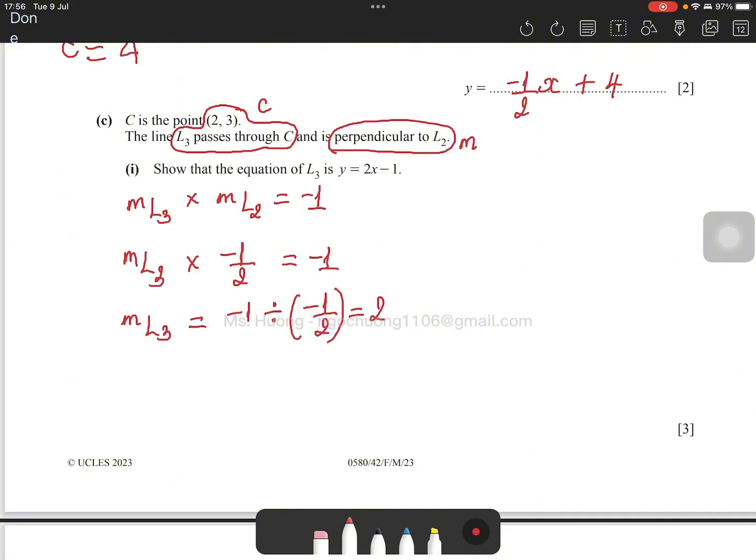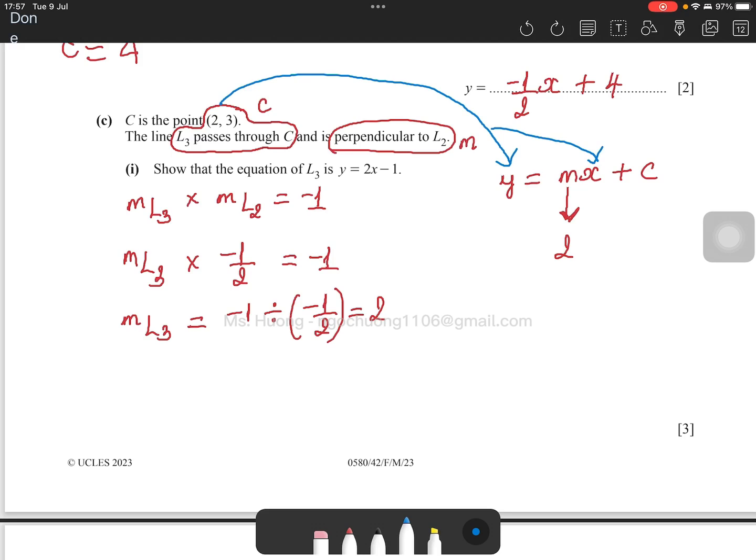And you know that the general form of a straight line is y equals mx plus c. In this case, the gradient of the line L3 is 2. And now we'll substitute the coordinates of the point C into this equation. The x value is 2 and the y value is 3.